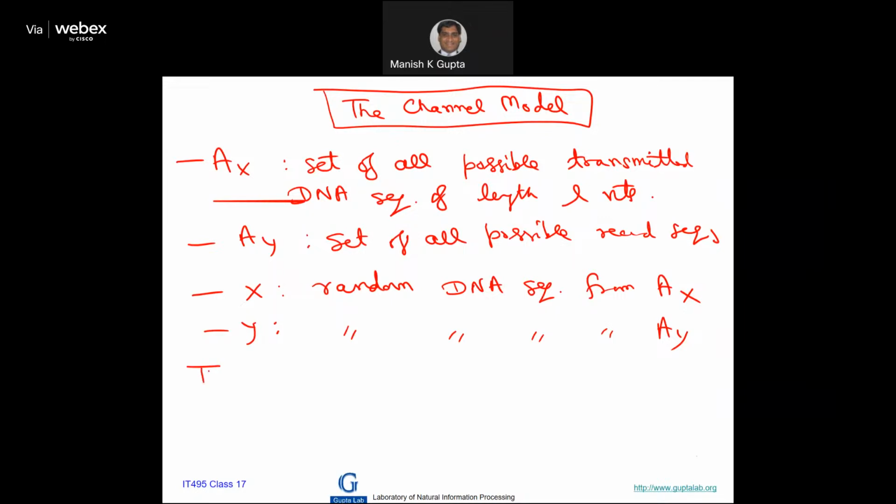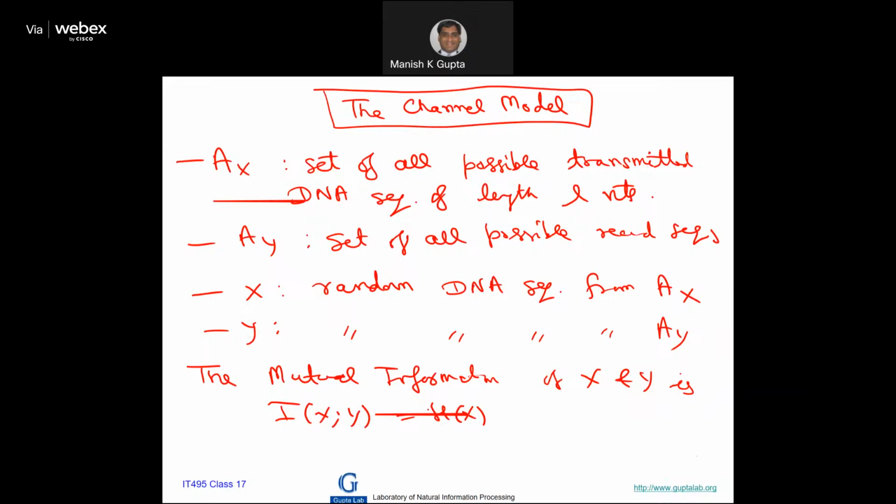Now, again, assuming you know information theory, the mutual information of X and Y is HX minus HX conditioned on Y. What is HX? Anyone?